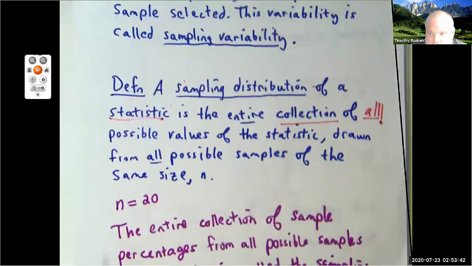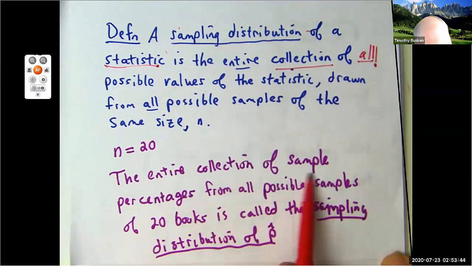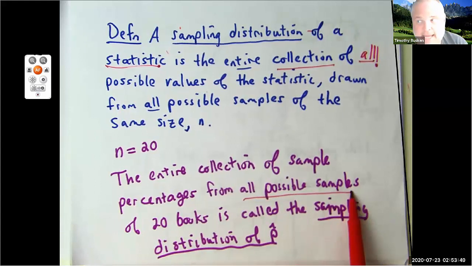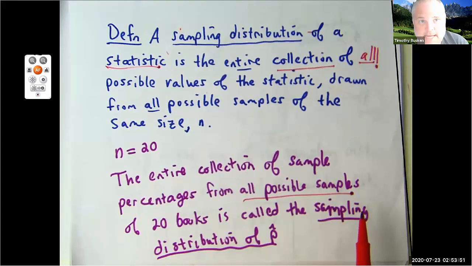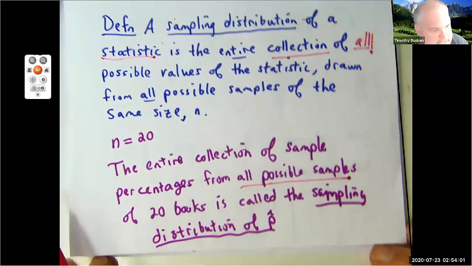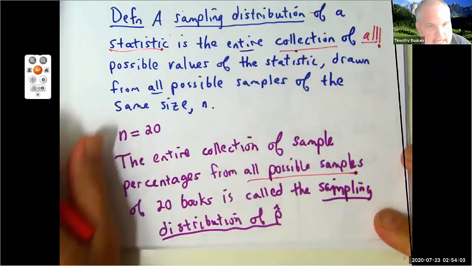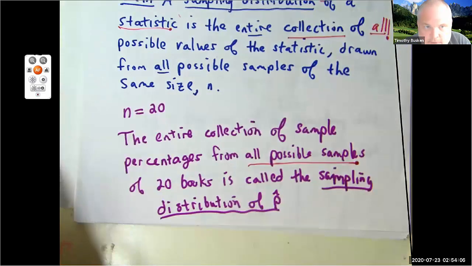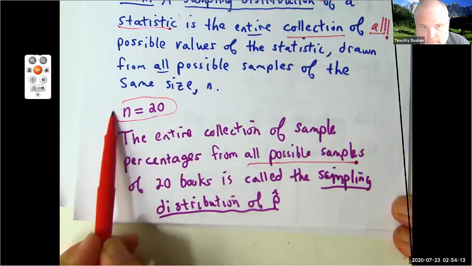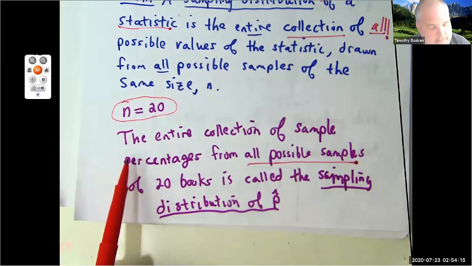In this case, the entire collection of sample percentages from all possible samples, and again, we didn't take all possible samples, and in many cases, there's an infinite number of possible samples, but they all have to be of the same size, okay? You're going to get a different sampling distribution for every different sample size n. But in the first example, n is 20. Everybody's collected a random sample of 20.